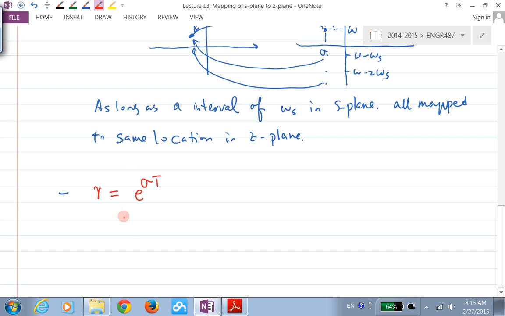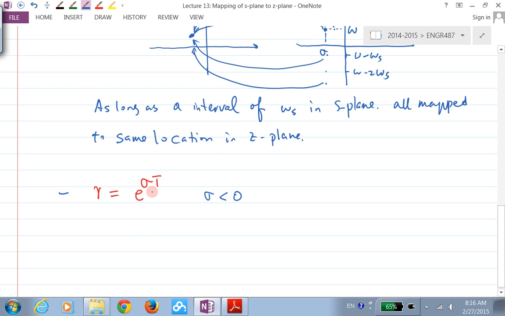I didn't put the absolute value here because e to the power of anything is naturally a positive number. And sigma here is less than 0, so this is an exponential decay function.